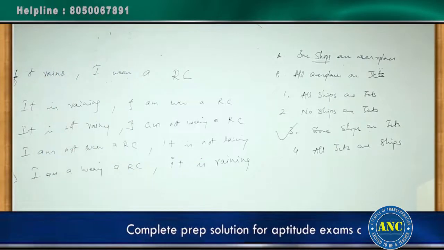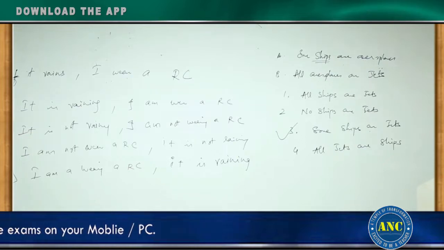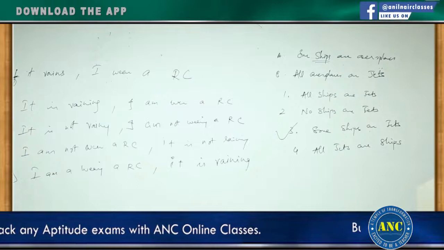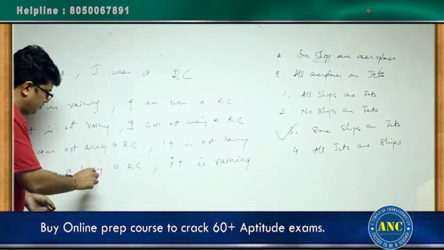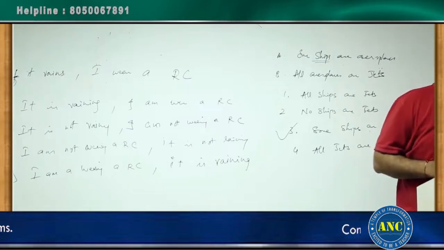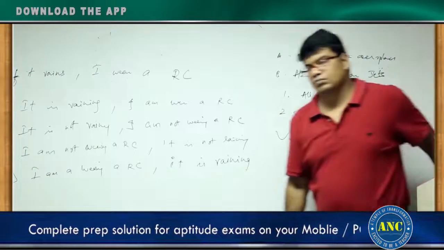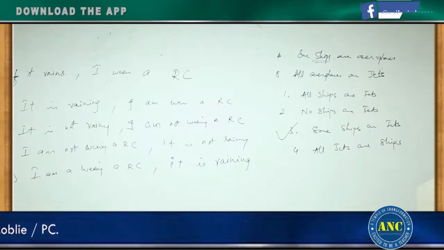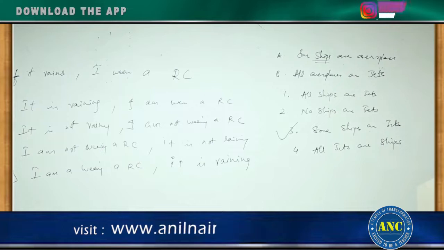A and C. Only C. Modern maths, A, D is also right or B is also right.